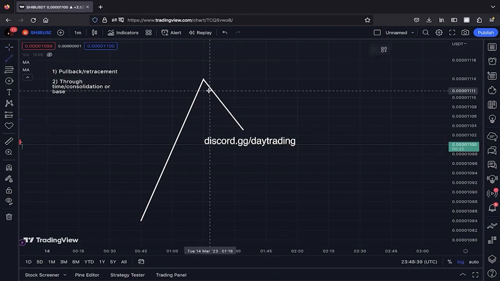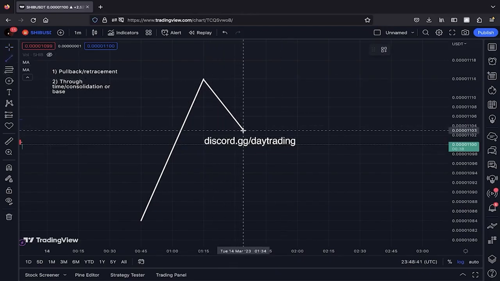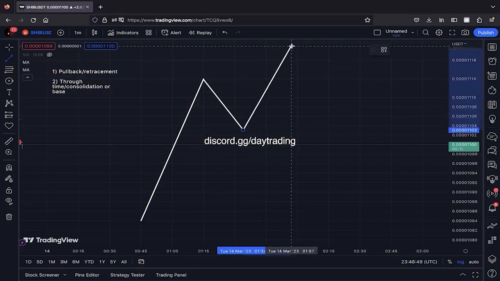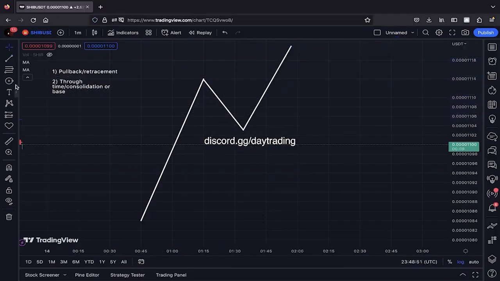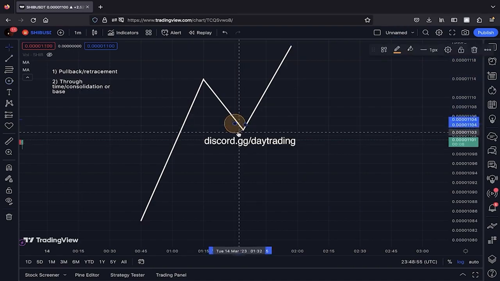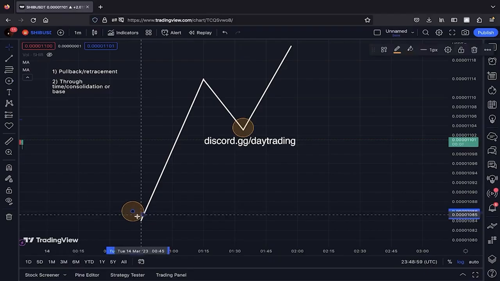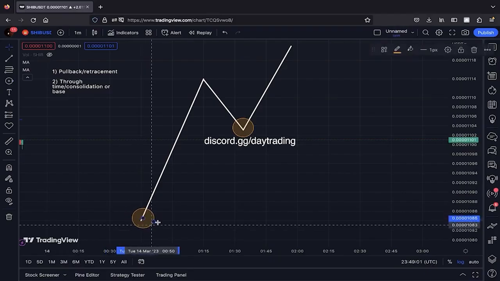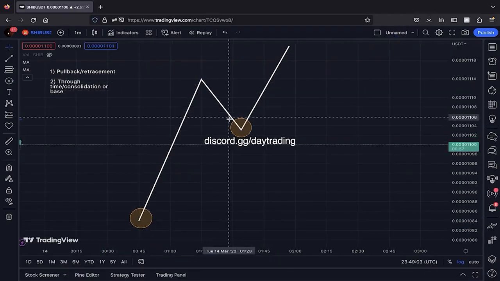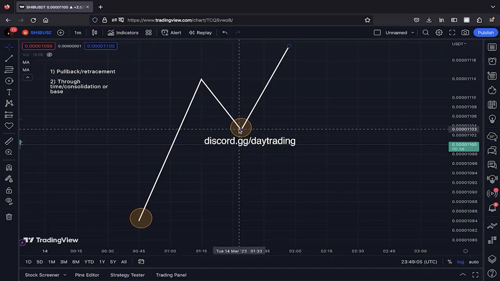And of course, after the correction, right, ideally, if it's a really bullish uptrend, right, if there's a lot of buying pressure, a lot of buying momentum, we're inevitably going to continue higher, right? So our goal is to buy it where? Our goal is to buy it right down here, right? If we missed the opportunity all the way down here, our goal is to buy it during the correction, right?